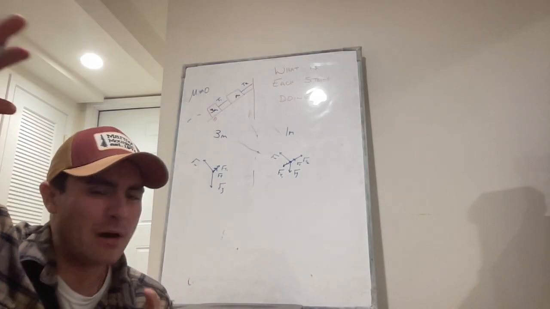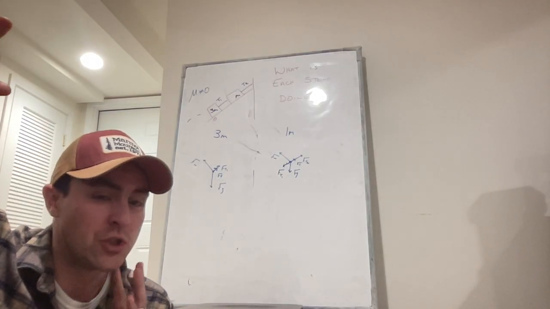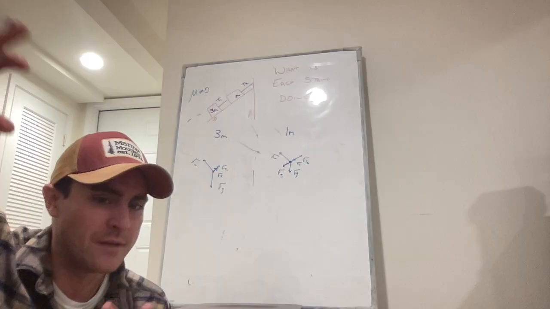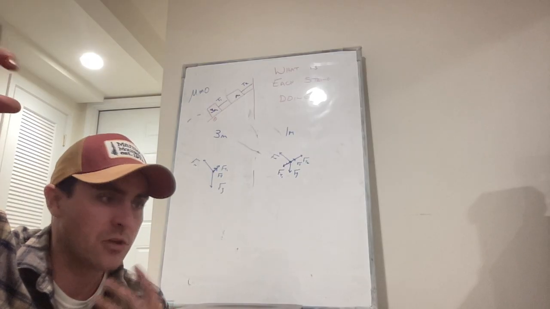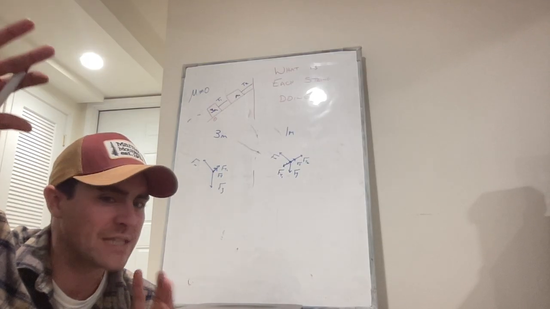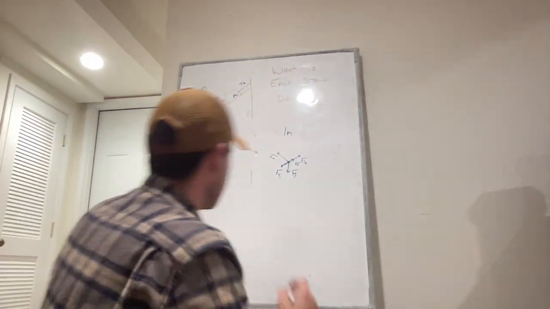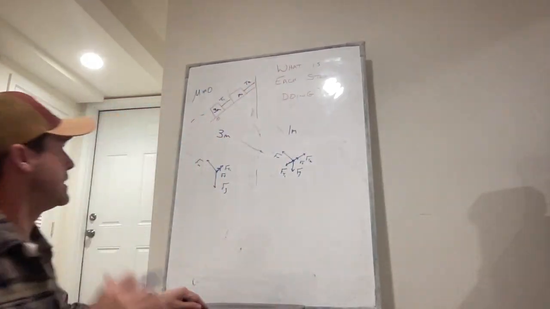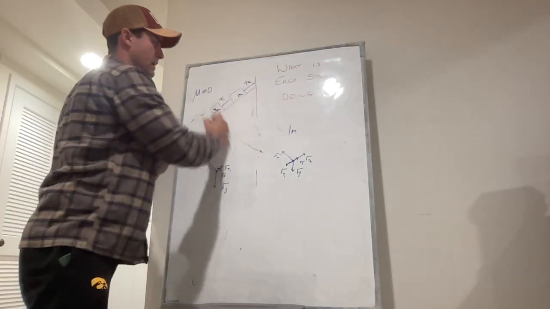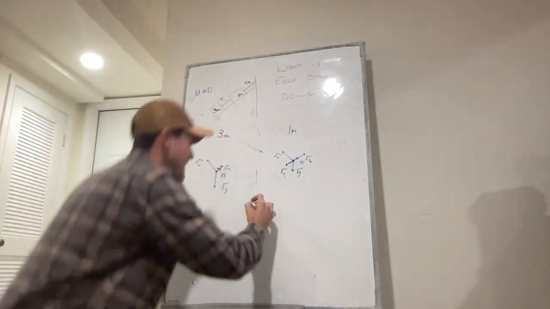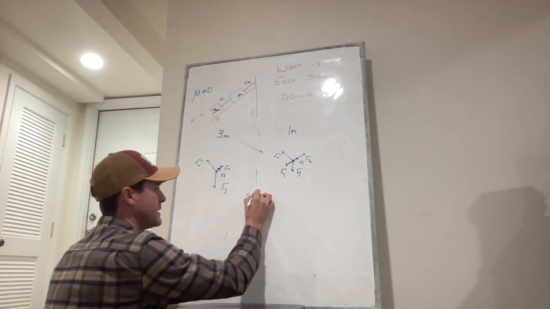Now, as I think about what these tension forces are doing, they are supporting the system. Let's tackle T2 first. T2 is supporting this whole system. Let's go ahead and do our system FBD and see what that's up to.